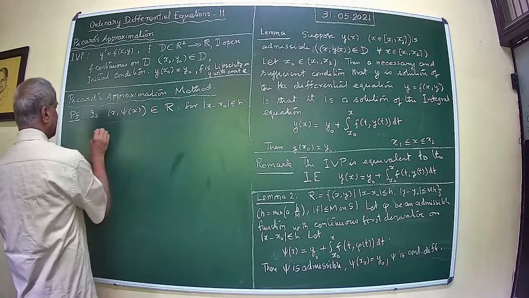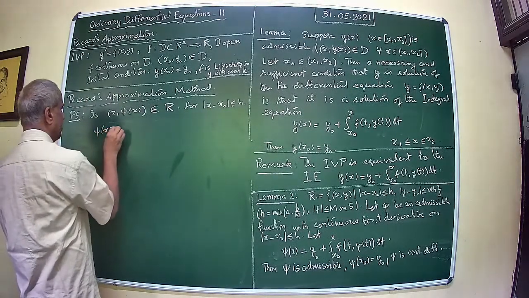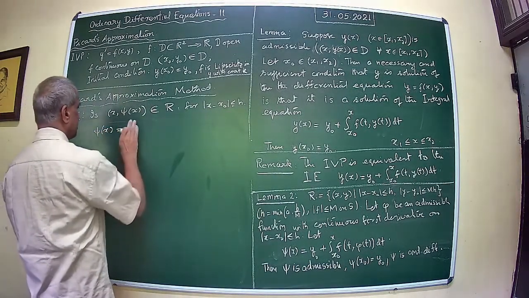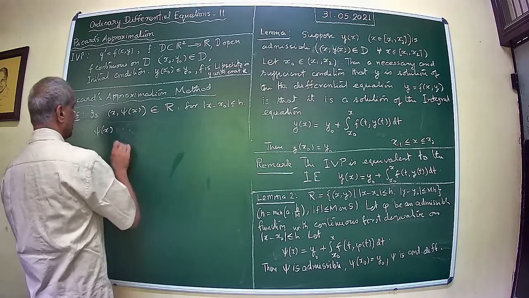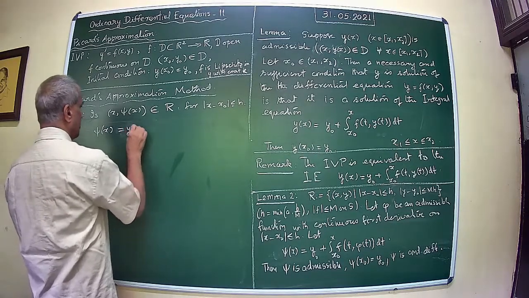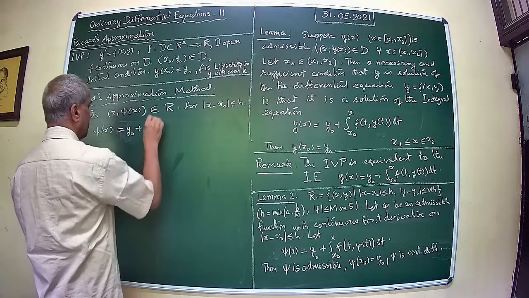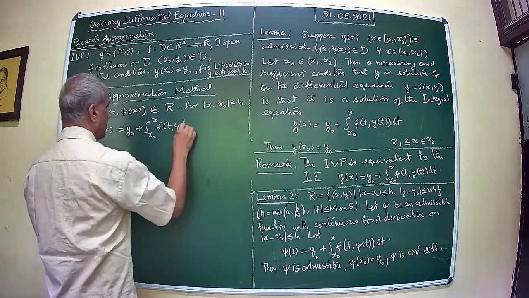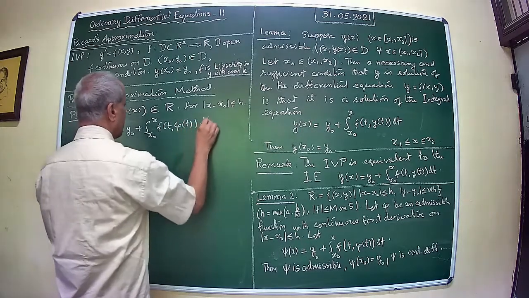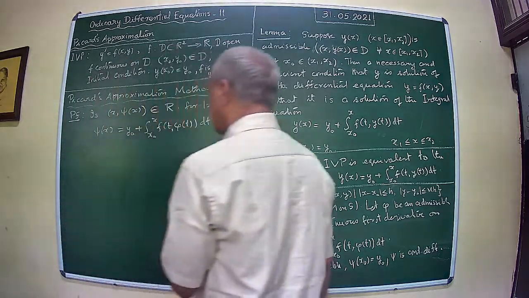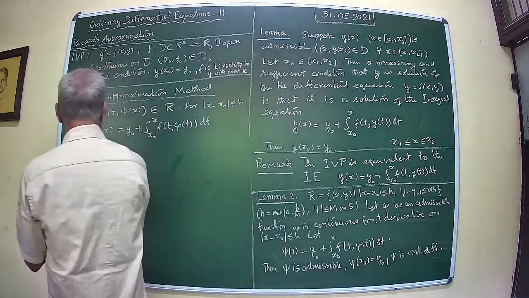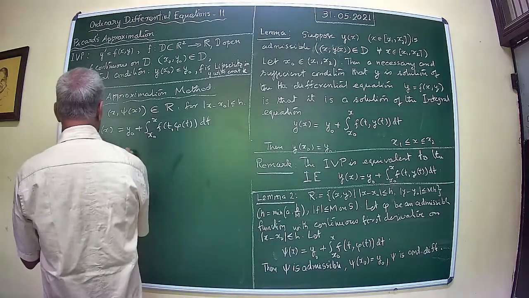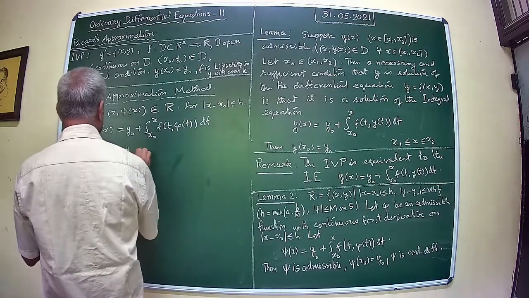How is psi defined? Psi of x equal to dt. Therefore, you have psi x minus y naught.